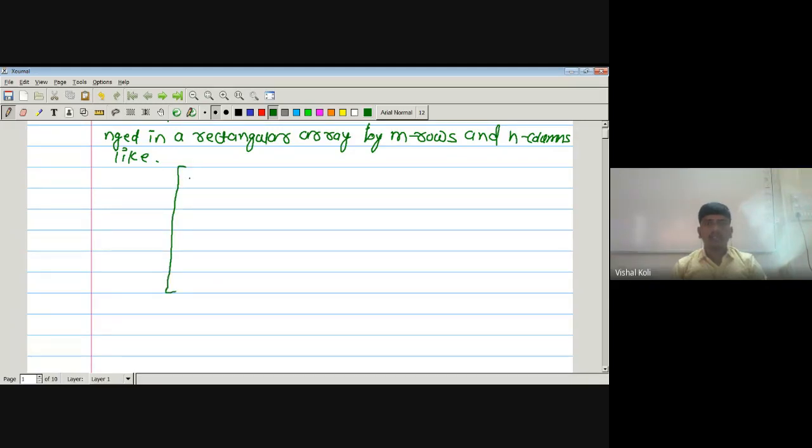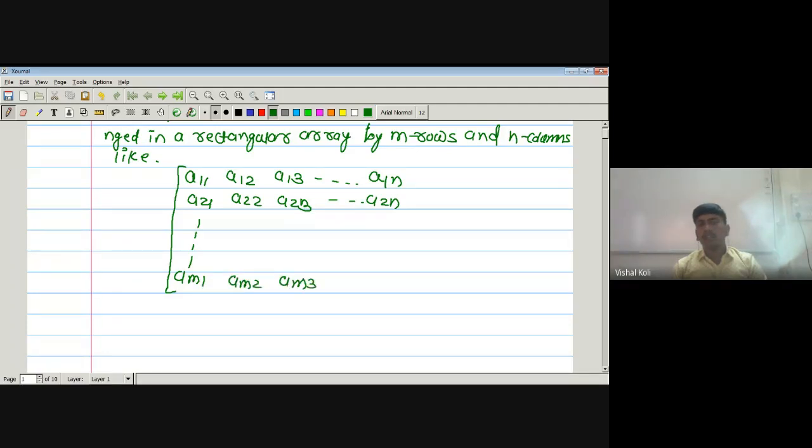these are the m rows: a11, a12, a13 and so on up to a1n; a21, a22, a23 and so on up to a2n; and so on, am1, am2, am3 and so on up to amn.